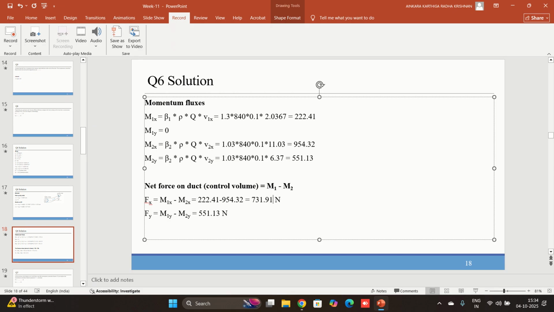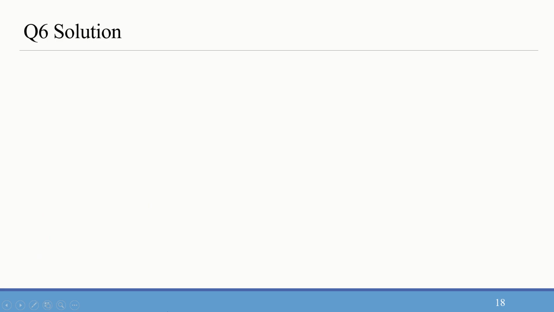We are just subtracting the inlet and the outlet in the x direction. Similarly for y, it is 551.13 minus 0, because at the inlet it is 0. That gives us 551.13 Newton directly.